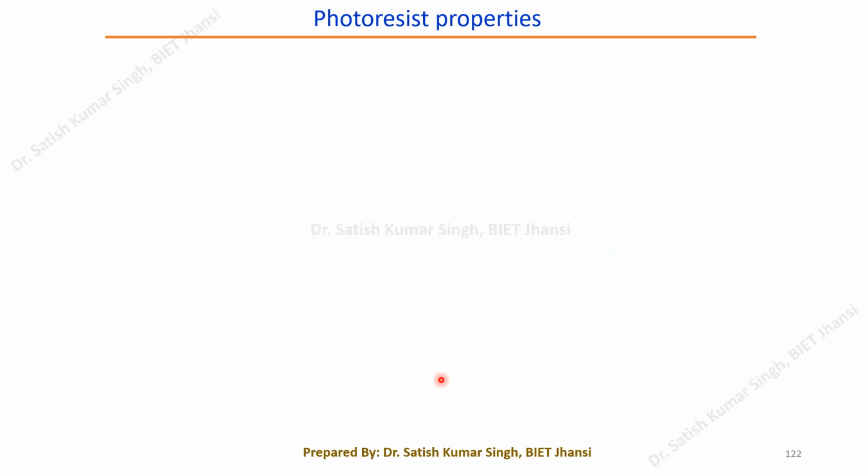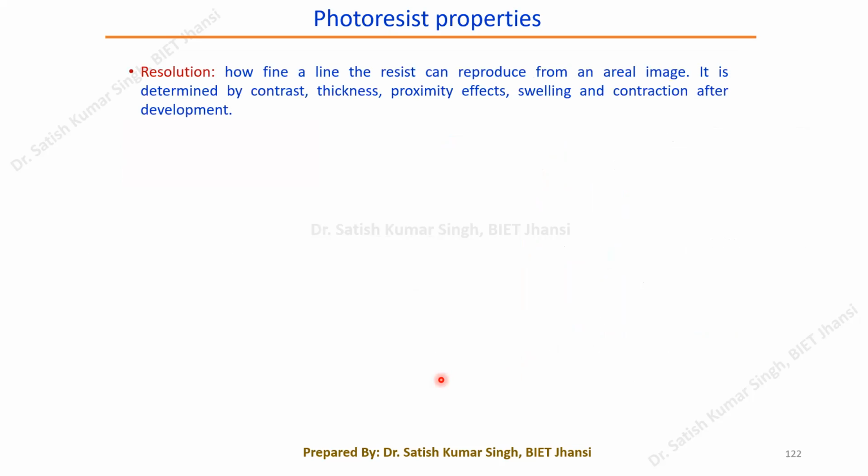Now we have to look at certain photoresist properties. What are the different properties of the photoresist? First of all, its resolution. As I told you, what will be the minimum feature size, what will be the minimum gap between the two elements, what will be the minimum overlap between the elements which may be allowed, what will be the smallest feature size possible.